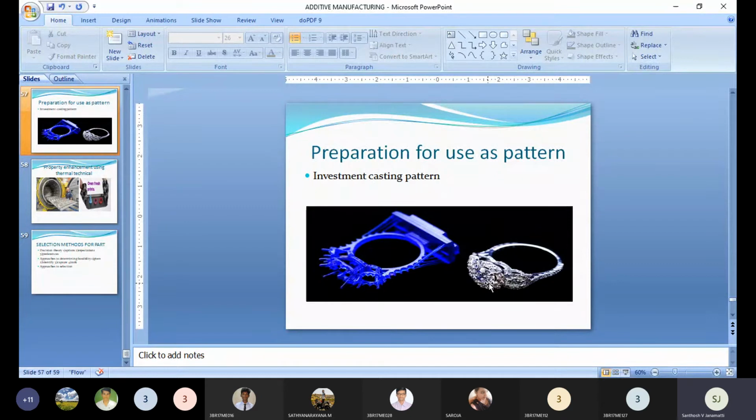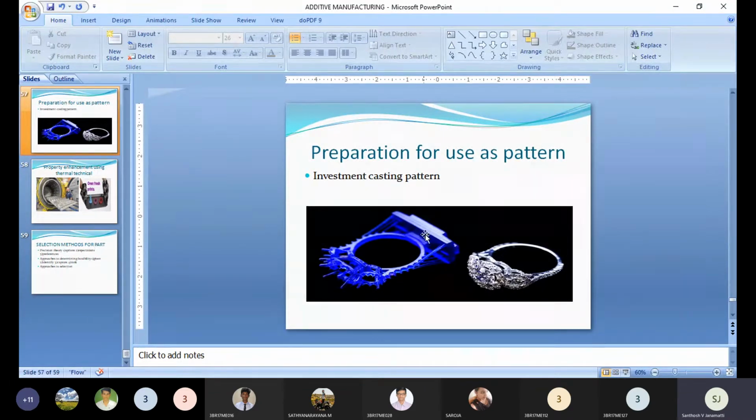In the traditional way we can also produce it, but that will take much time and much investment of money. Once we adopt 3D printing, in a fraction of a second we can manufacture such complex shaped products. So that's the preparation for use as a pattern. This is also one kind of post processing.